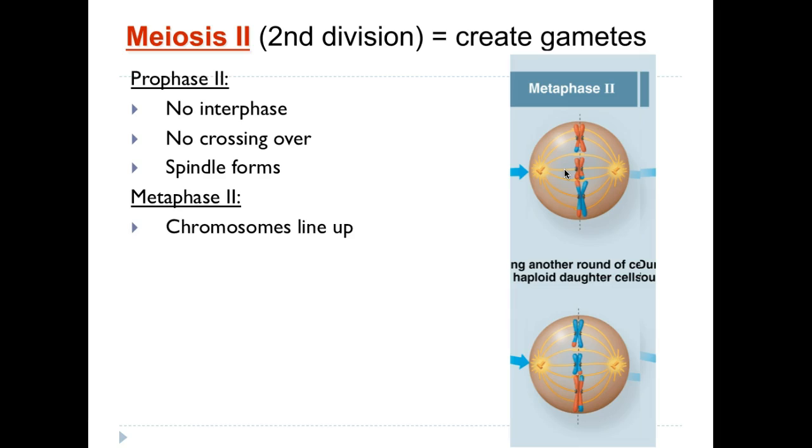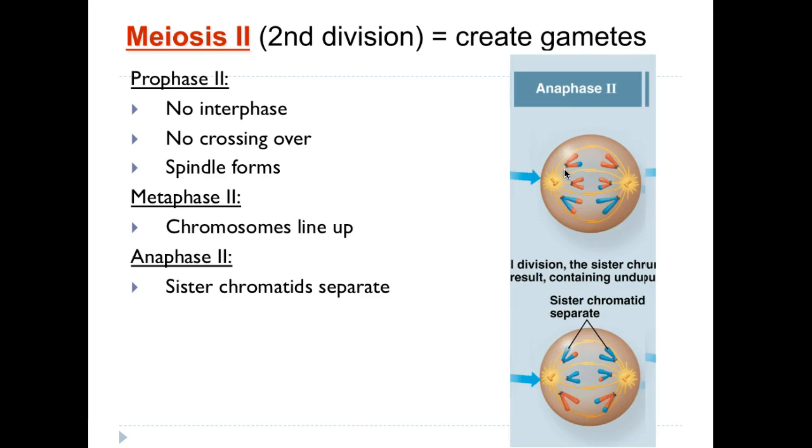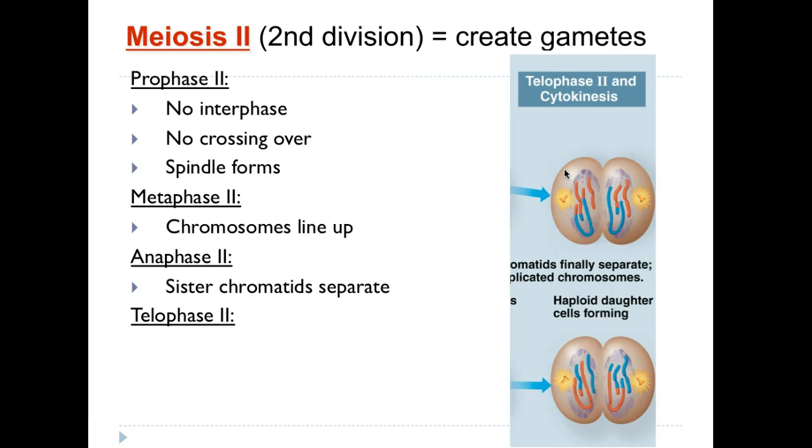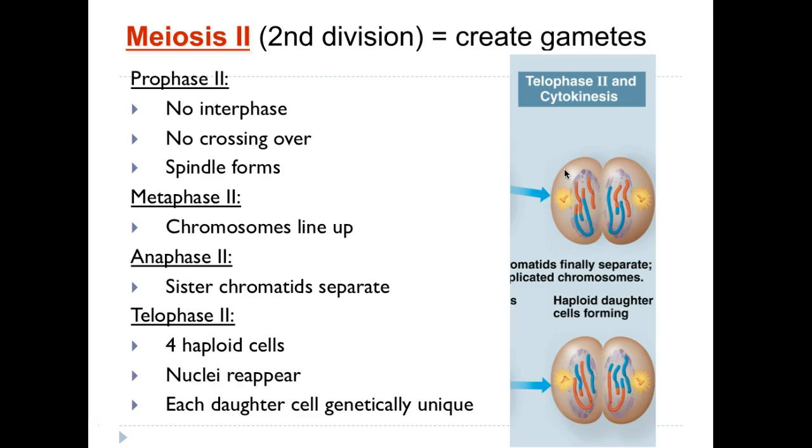In metaphase 2, chromosomes are going to line up. Anaphase 2, the sister chromatids are going to separate. Telophase 2, 4 haploid cells are going to result. The nuclei will reappear, and each daughter cell is genetically unique or different from one another. So they are genetically different or have genetic variability.